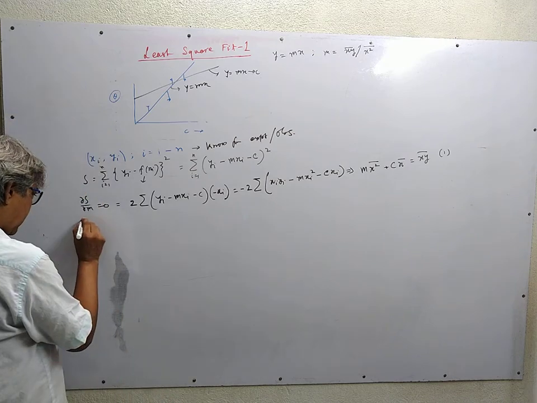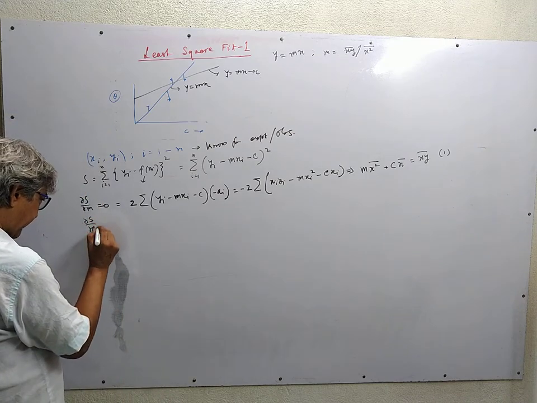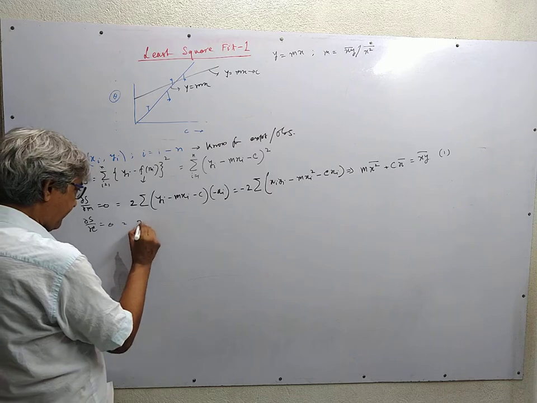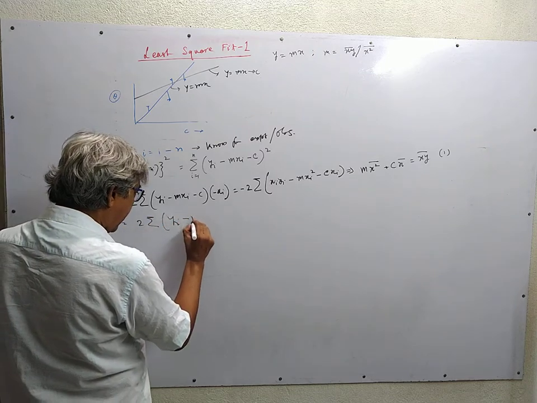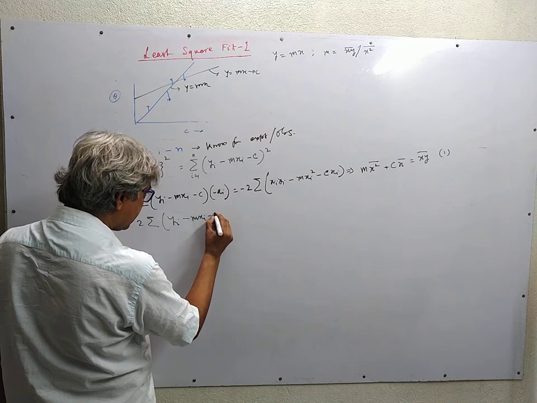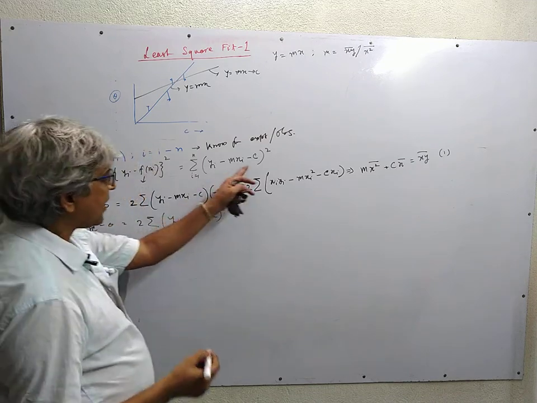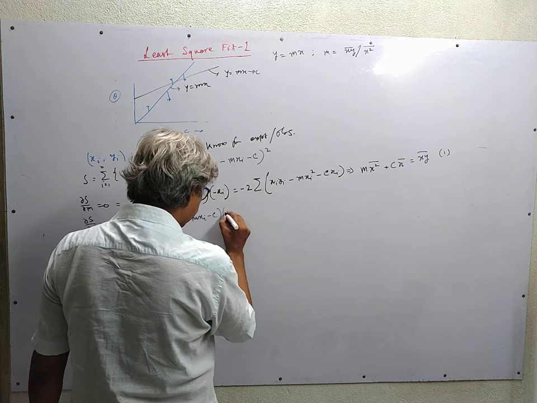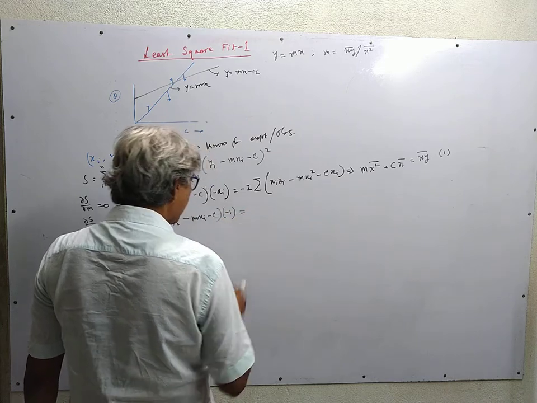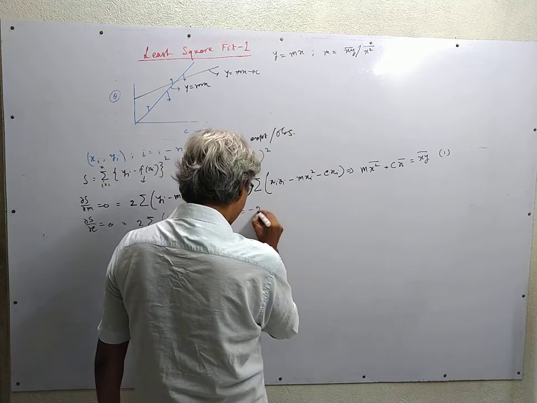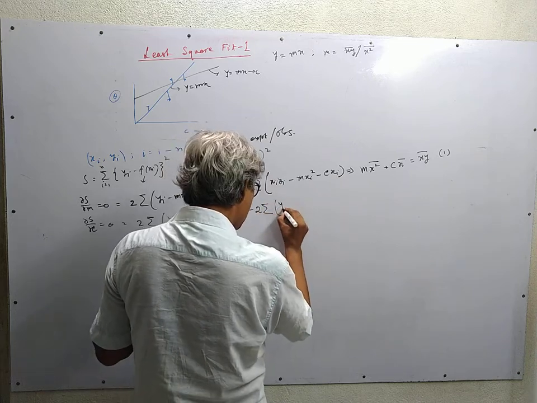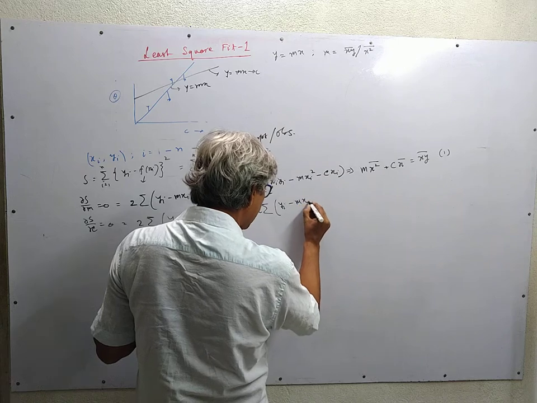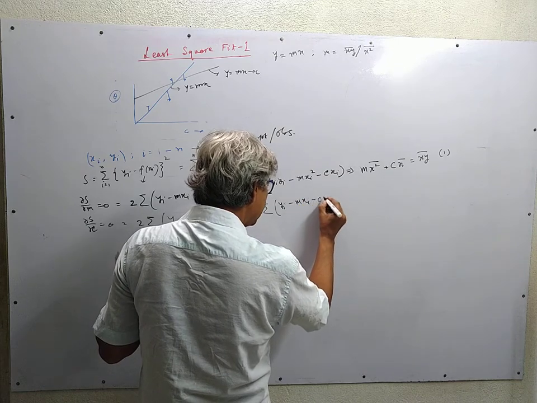And if we differentiate with respect to c, this is the summation over i, yi minus mxi minus c, and this time we are differentiating with respect to c. So this is minus 2, yi minus mxi minus c.